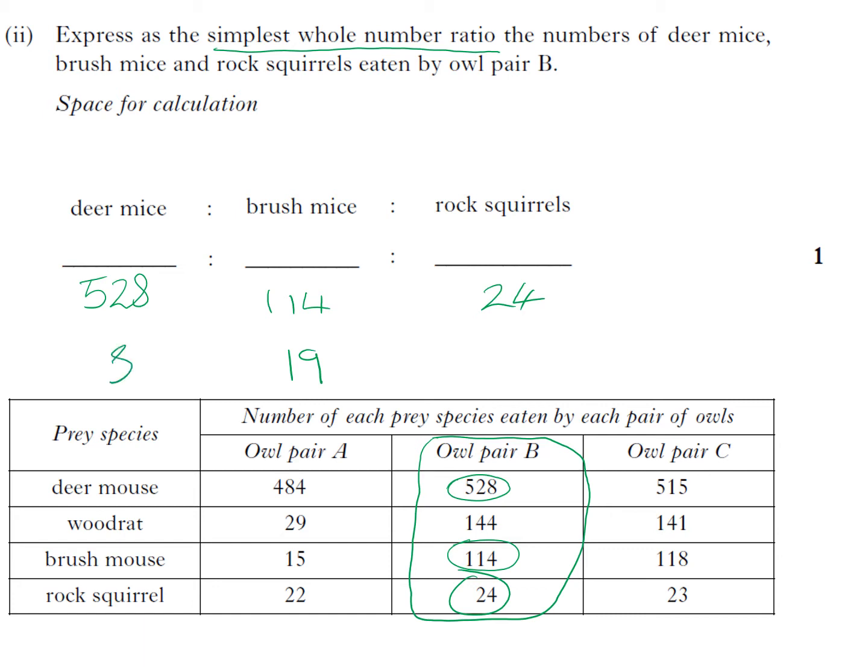That works as well, that gives me 88, and 24 divided by 6 is obviously 4. So this is my best, simplest whole number ratio I'm going to get. You could have just done it as divide by 2, divide by 2, divide by 2. Doesn't matter how many lines you use to get it, as long as you get to the simplest whole number ratio.